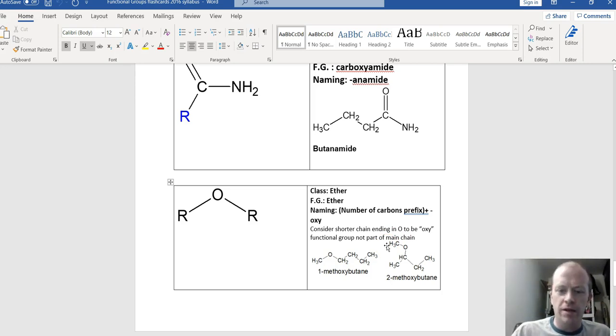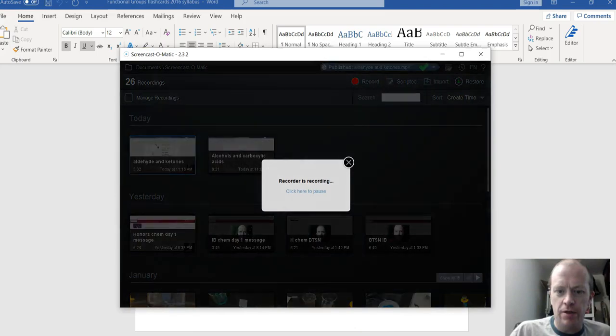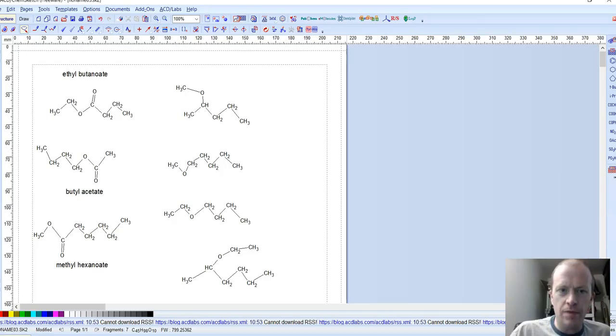So let's look at another few examples here. Again, these first two are very similar to the one that we just looked at. The longest carbons I can count here without being interrupted by an oxygen is 5. So we're going to consider this the main chain, so it's like a pentane.